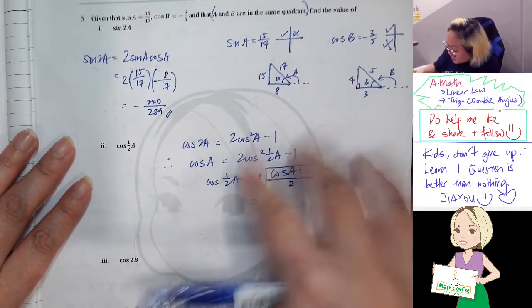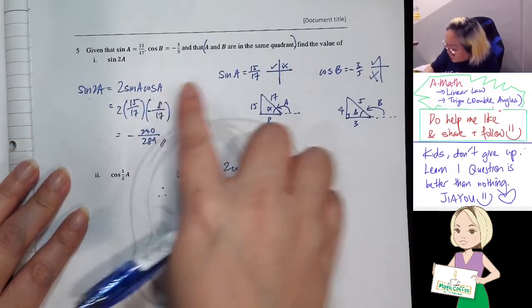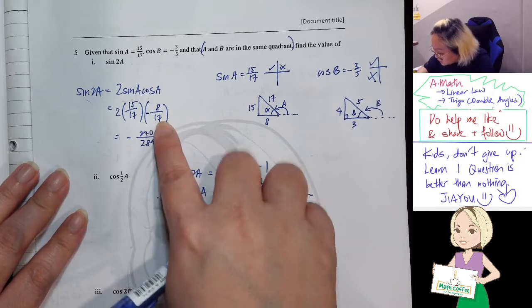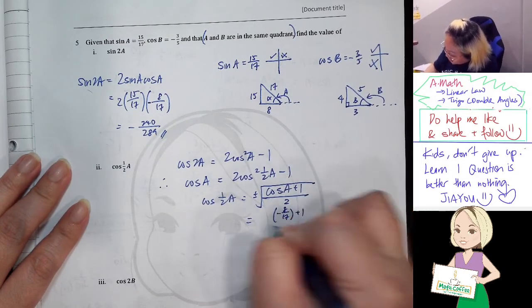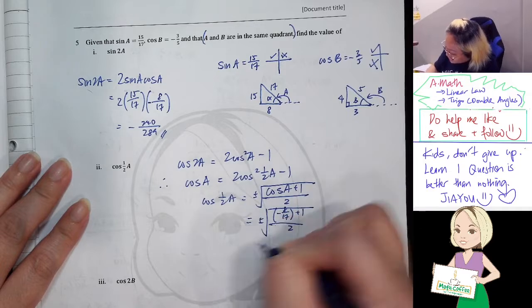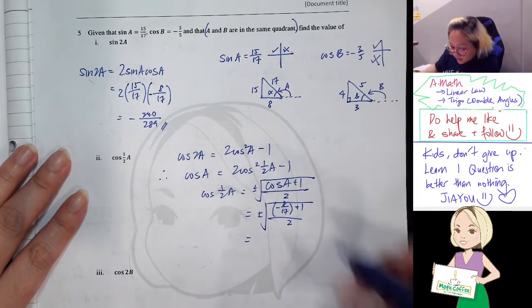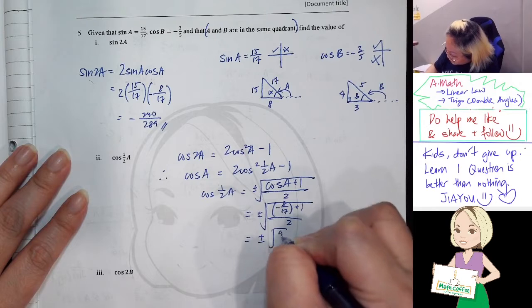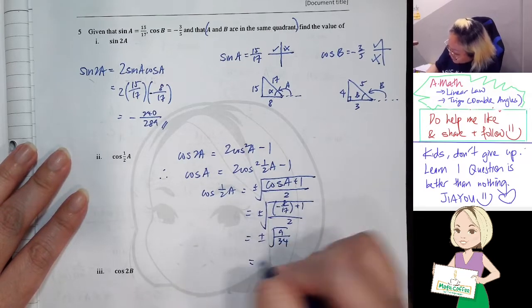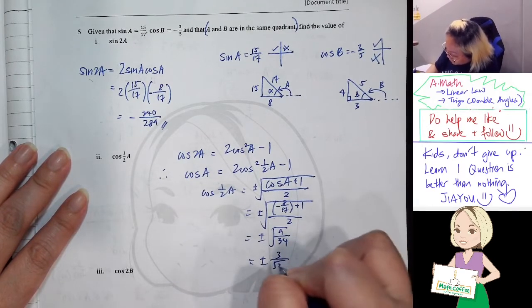So we simplify, sub in cosine A. My cosine A is minus 8 over 17. Minus 8 over 17 plus 1, over 2, square root with the plus minus. And we will get plus minus square root of 9 over 34. And we have plus minus 3 over square root 34.